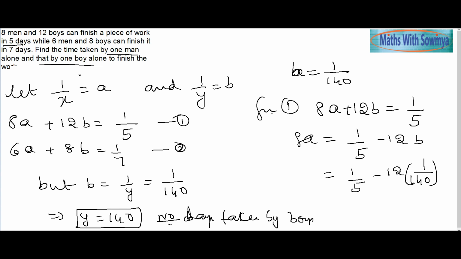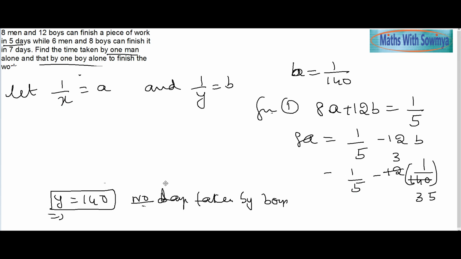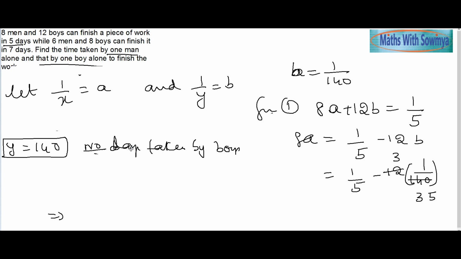On division, we get 4 threes are 12, and 5. So we continue this further.